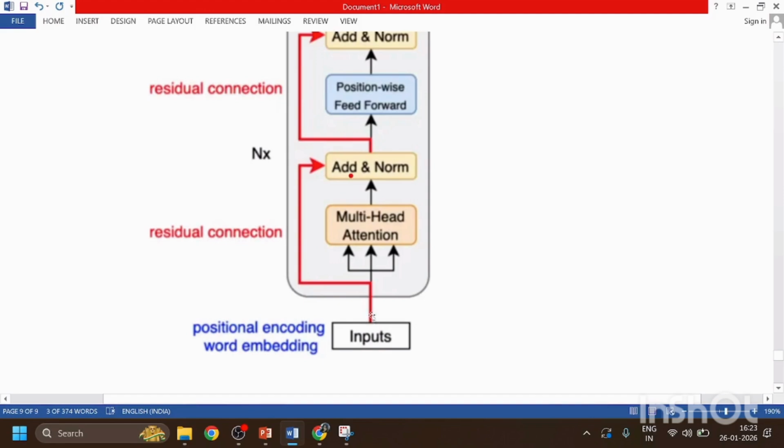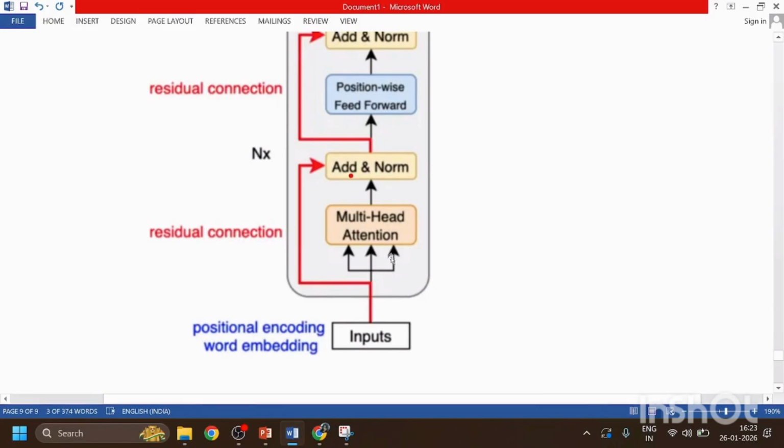Residual connection means we add the input back to the output so the model doesn't forget the original information. In RNN and LSTM we forget the input, but with the help of residual connection we can remember what we have in our input. This helps prevent vanishing gradient. It's like keeping a shortcut in the network.